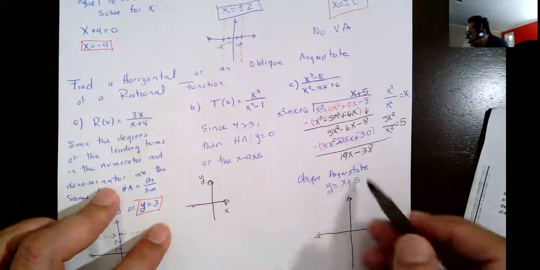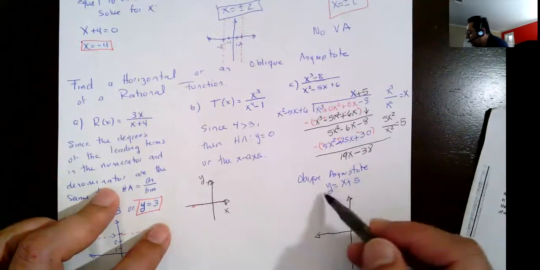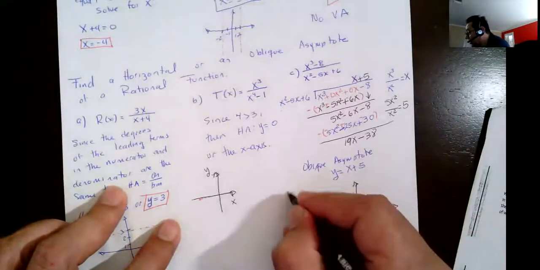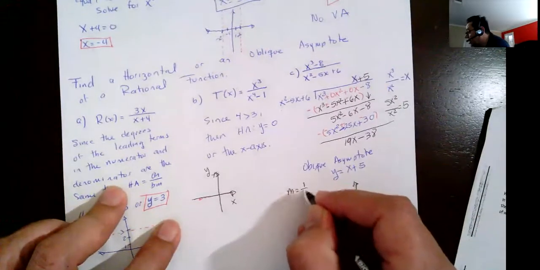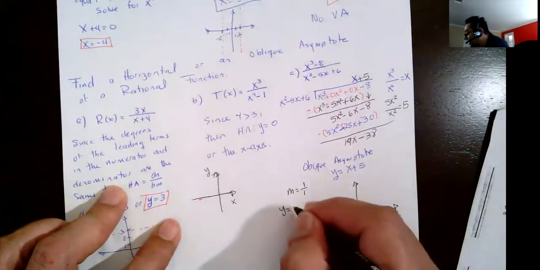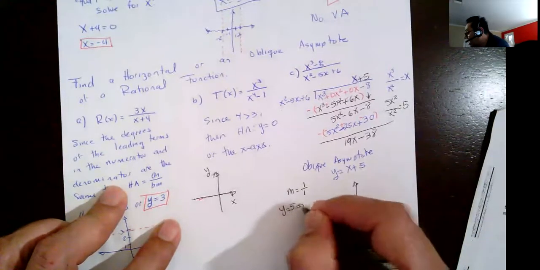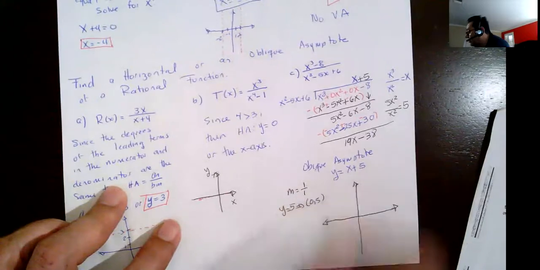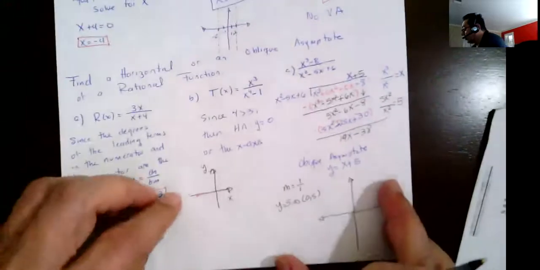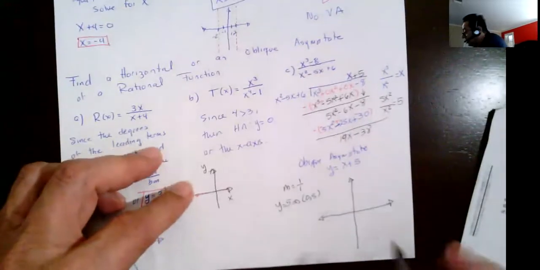All right. Notice this is a linear equation, right? So let's use the slope. Notice the slope is equal to 1/1, and the y-intercept is 5. As a point, that would be (0, 5), correct? All right, perfect. So again, we always start with the y-intercept.